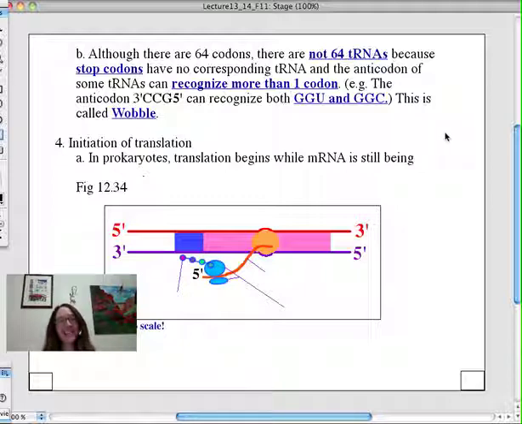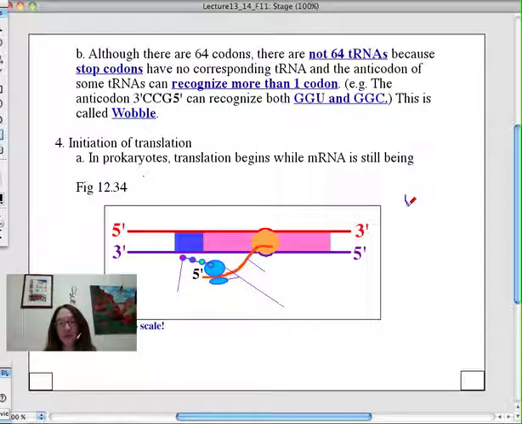All right, now that we understand a little bit more about the root of degeneracy, let's move into the three-step process of translation. Now, remember that in both replication and transcription, we had those 3 steps, and that's going to be no different in translation.